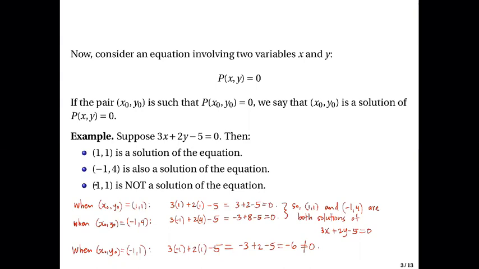Okay? So this time, what we're going to do is to consider two equations involving two variables. For example, we have this equation 1, P1 of x comma y equals 0, and P2 of x comma y equals 0. So we have two equations and two variables. Okay?